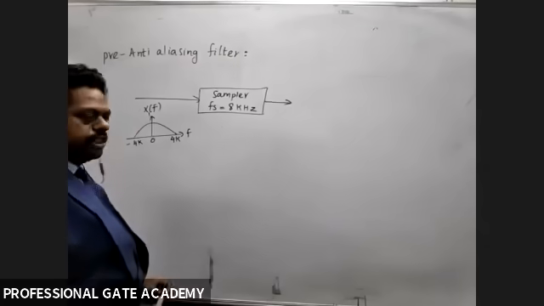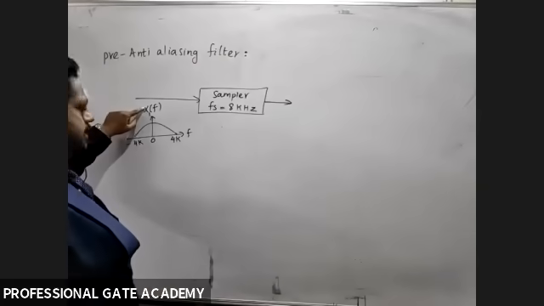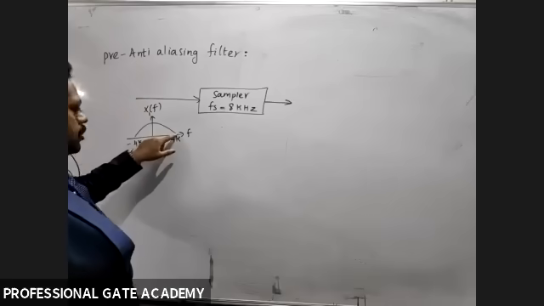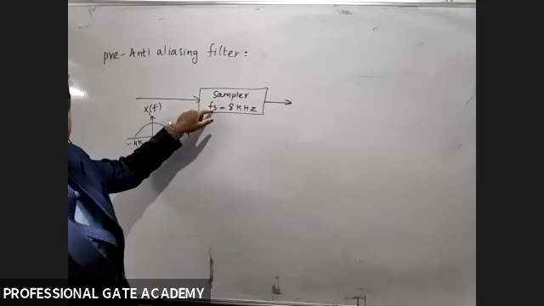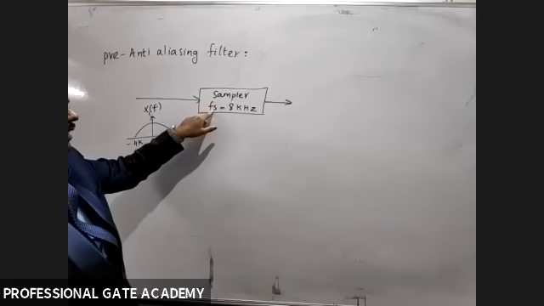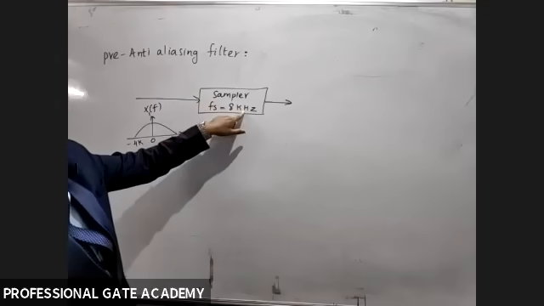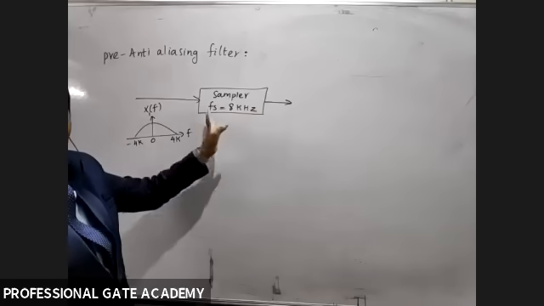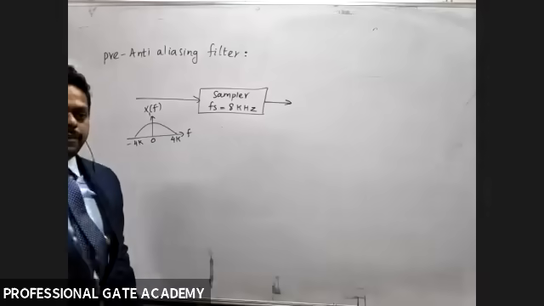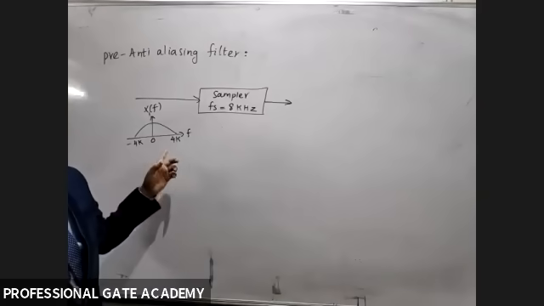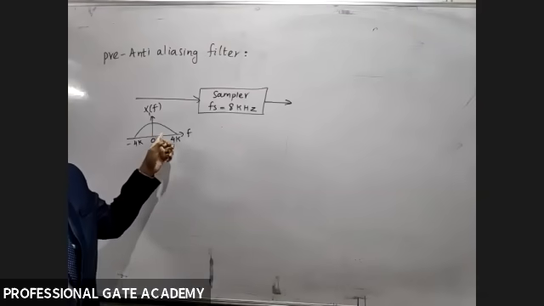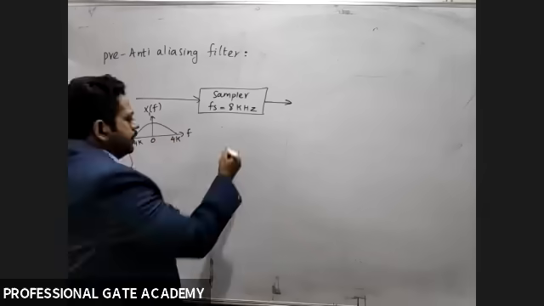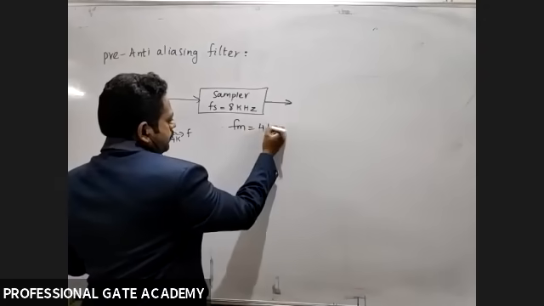Yes, students, listen. Here, this is a message signal having frequency up to 4 kilohertz. For the sampler, we have to select the sampling frequency, so fs is selected as 8 kilohertz. Whether aliasing occurs or not in this case, students tell me. Here, what is the value of fm? 4 kilohertz.